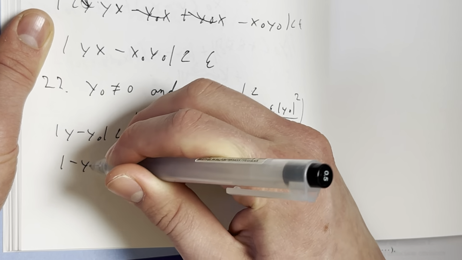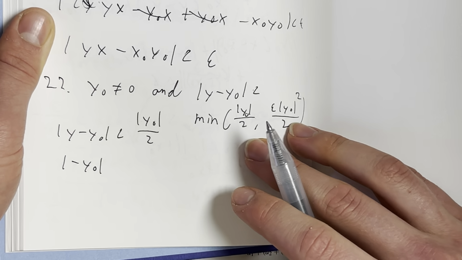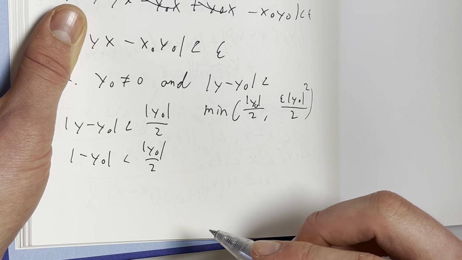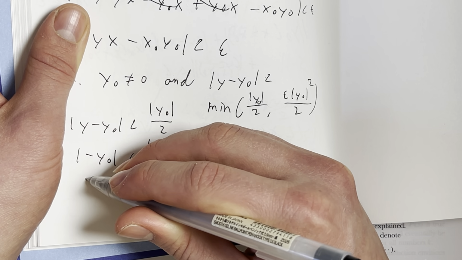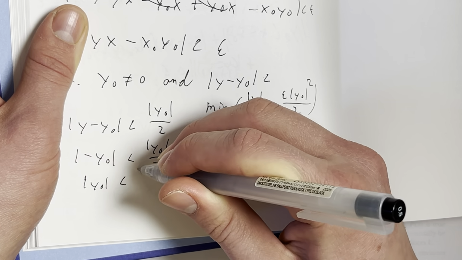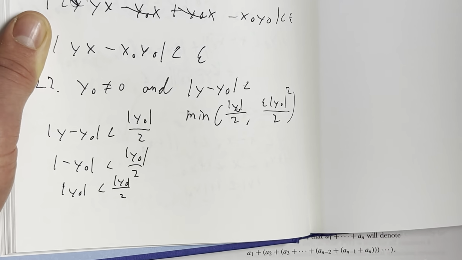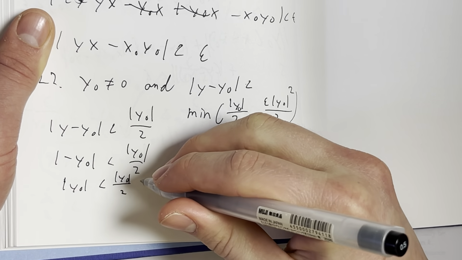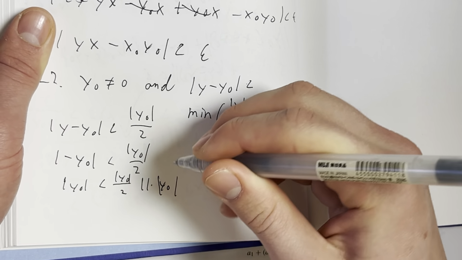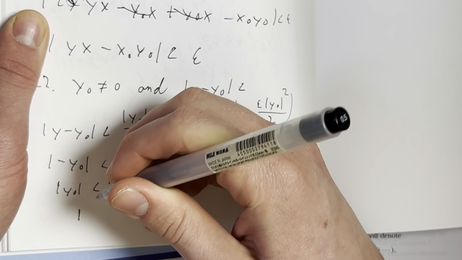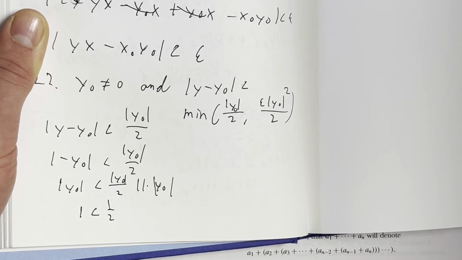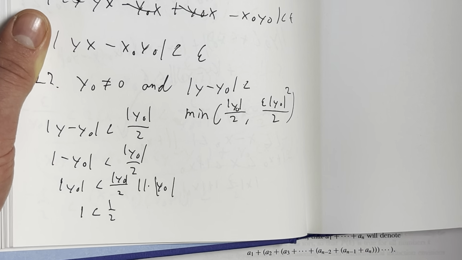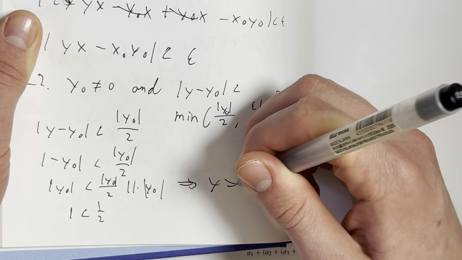Then this would say that the absolute value of y0 is less than the absolute value of y0 over 2, which is obviously false. Dividing by the absolute value of y0, it would mean that 1 is less than 1 over 2, which is obviously false. And thus our assumption that y is equal to 0 is wrong, and thus y is not equal to 0.